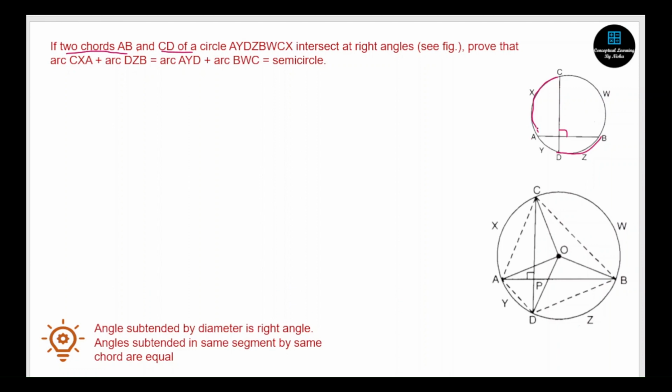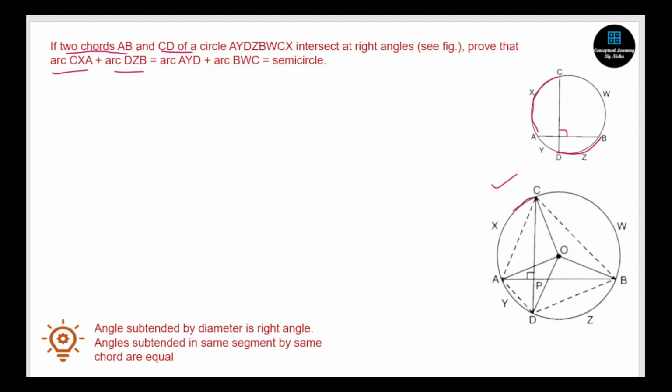Now see, when I join AC, BD, AD and BC, the figure looks like this. Now we have to prove that these two arcs, CXA and DZB, make a semicircle. The angles subtended by those arcs at the center, if they make 180 degrees, then it is called a semicircle.